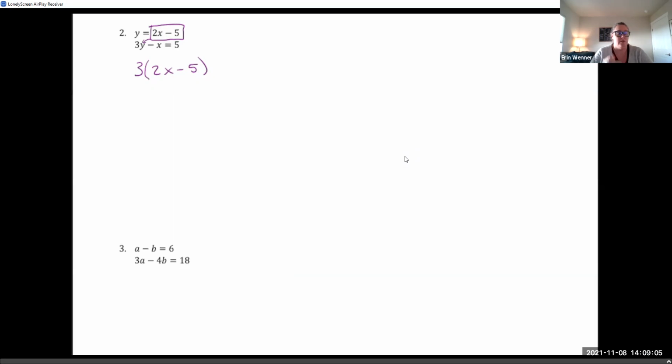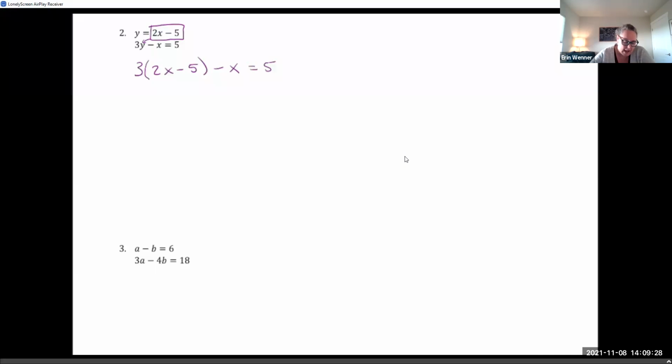So again, the first equation tells us what y is equal to. Looking at the second equation, we can replace that y with what y equaled in the first equation. So plugging that in, we have 3 times what y is. We'll complete it by saying minus x equals 5.